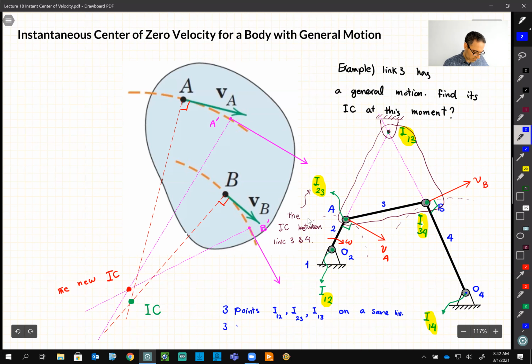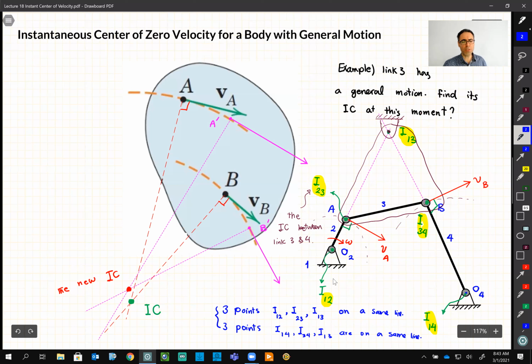So 3 points, I14, I34, and I13 are on the same line. Okay, so these 3 on the left are on the same line, and on the right, these 3 are on the same line. They intersect, and as a result, we could find I13 for this mechanism.